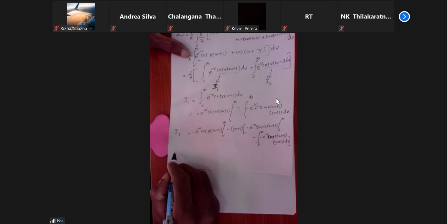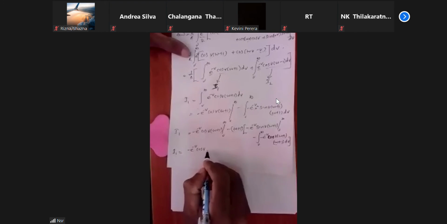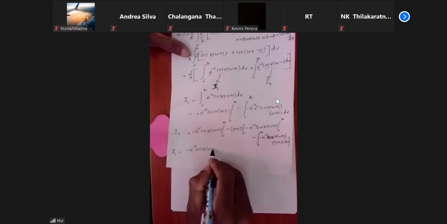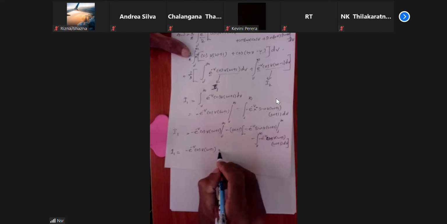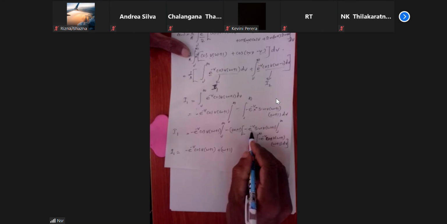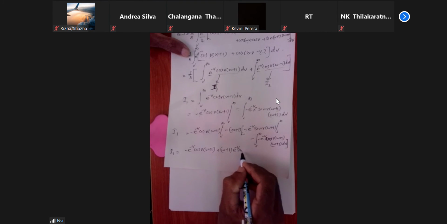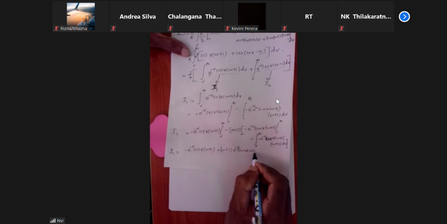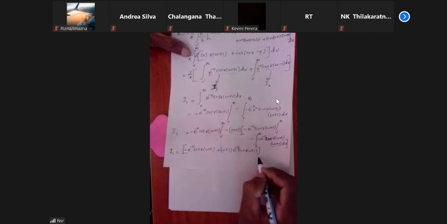You can write down I1 equal to minus e to the power minus v cos v (omega plus 1), plus (omega plus 1) into e to the power minus v sin v (omega plus 1). You have to substitute the limit 0 to infinity.